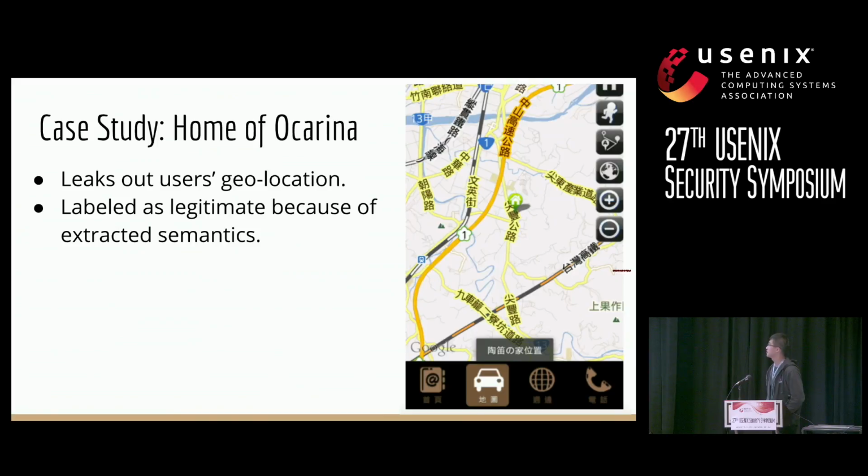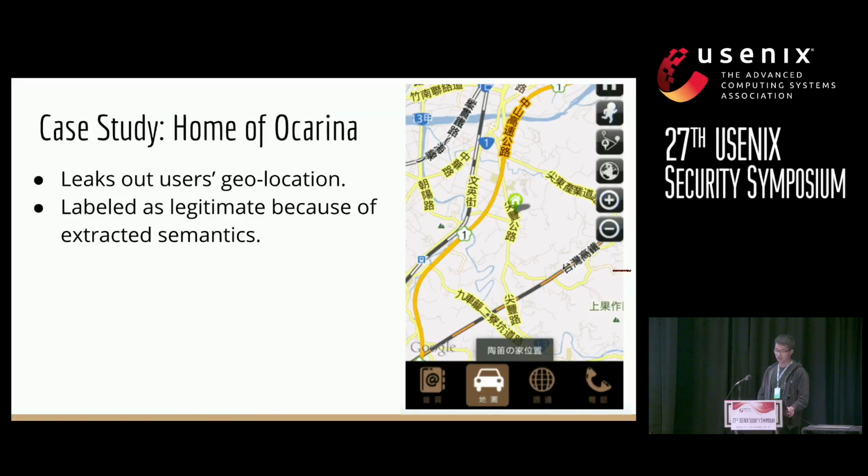Let's see some case studies. This is an app called Home of Ocarina. It's an official app of a company called Home of Ocarina. It has a data flow that will look up the user's location for a map service, but the app's description said nothing about this.